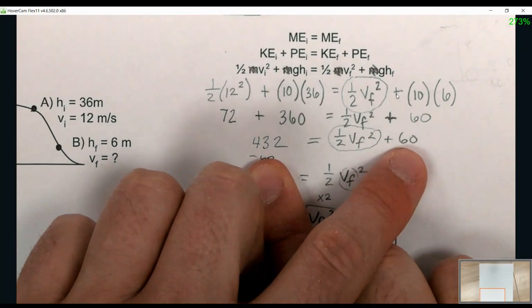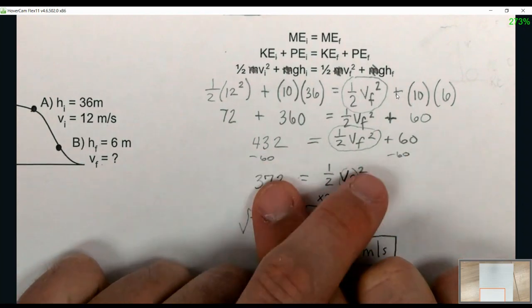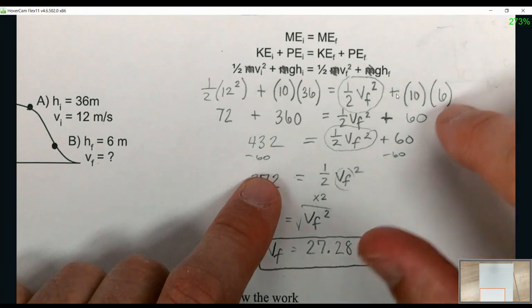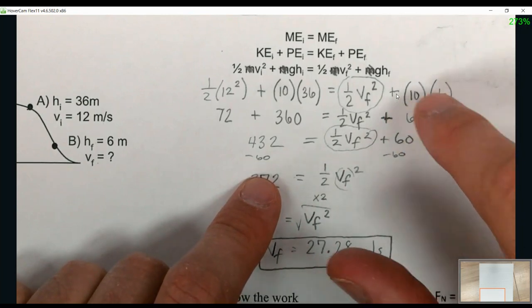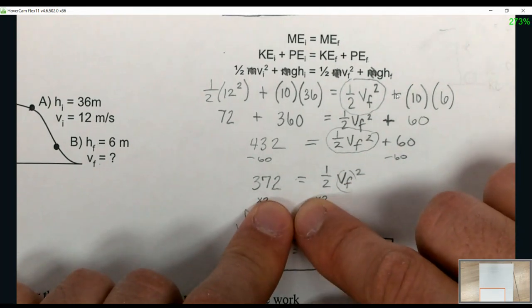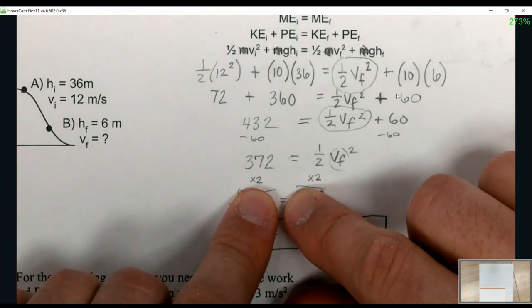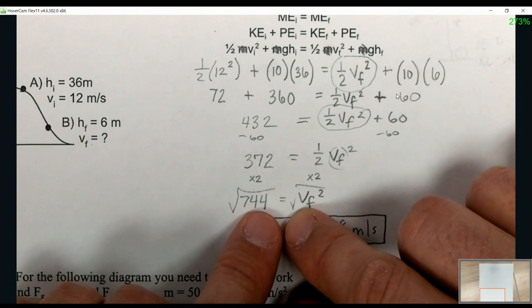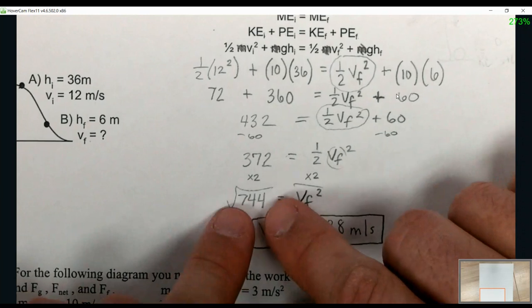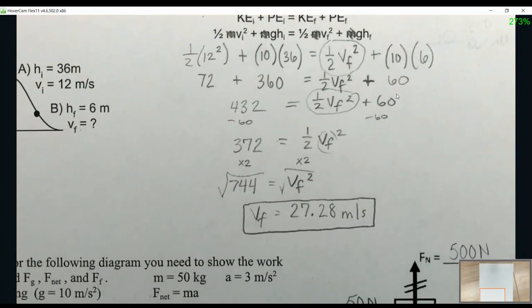Get rid of whatever you need on this side by subtracting it, since we're not going to have a negative height. Then your left side is equal to 1/2 VF squared. Multiply both sides by 2, and then that value is equal to VF squared. To get rid of the square, you have to square root both sides to get your final answer.